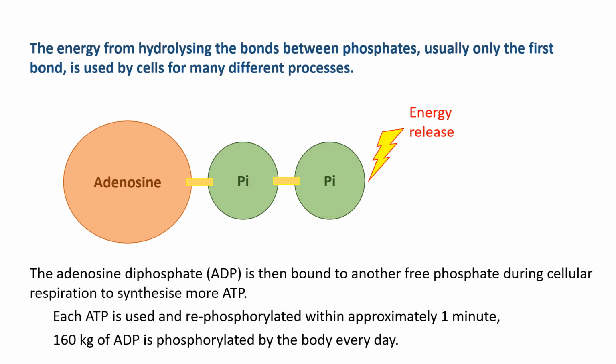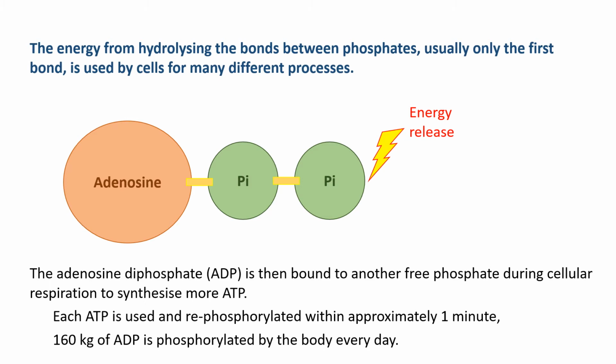We could break the next bond between AMP and that second phosphate, but that wouldn't release as much energy. And the bond between adenosine and the first phosphate, even less energy. So ideally, we don't want to do that.